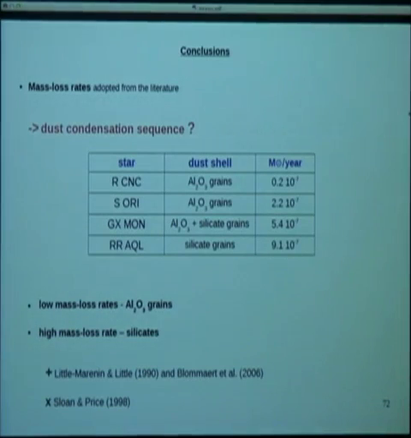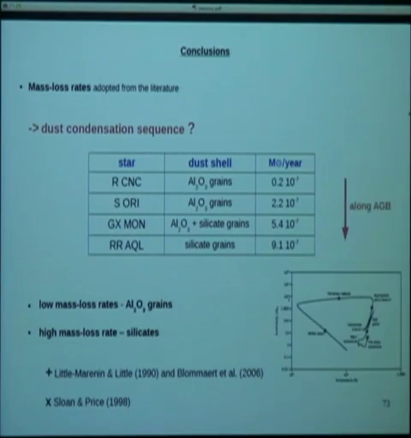And this is a table of mass loss rates for each of the stars. These mass loss rates were adopted from the literature. It is believed that during the AGB evolution, the mass loss rate increases. So as the stars are moving along the AGB, there should be more mass expelled from the star.